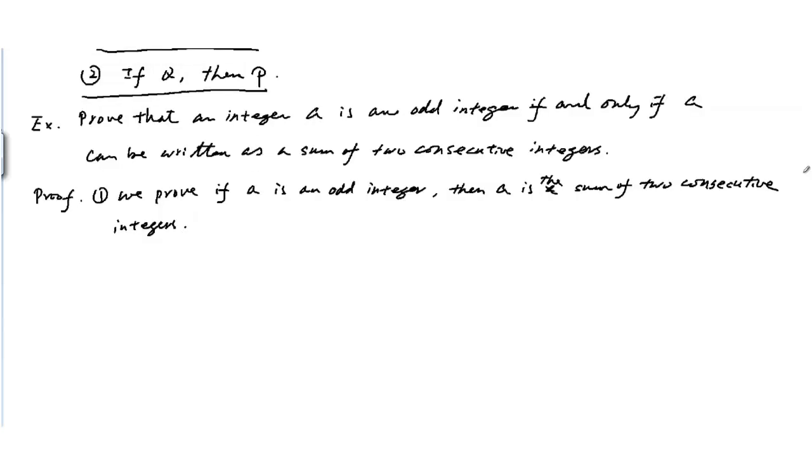So now you will look at this one. So a is an odd integer. What does that mean?